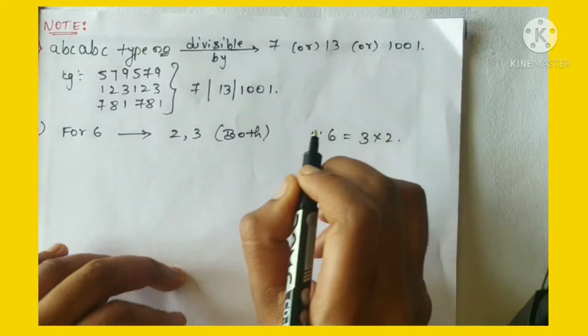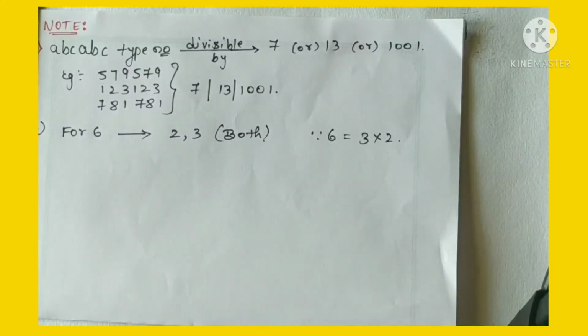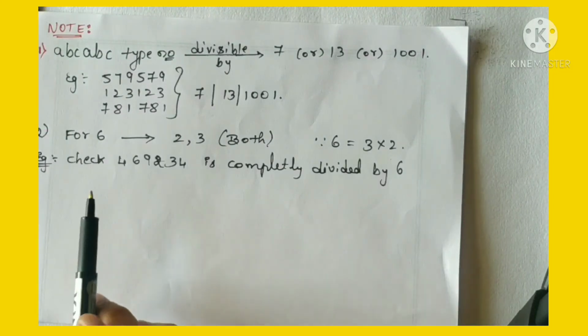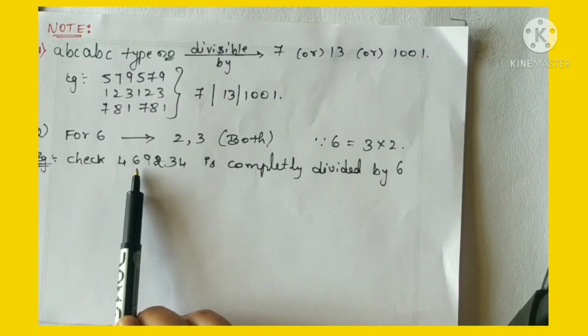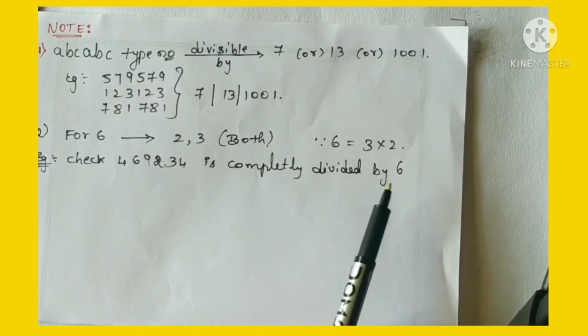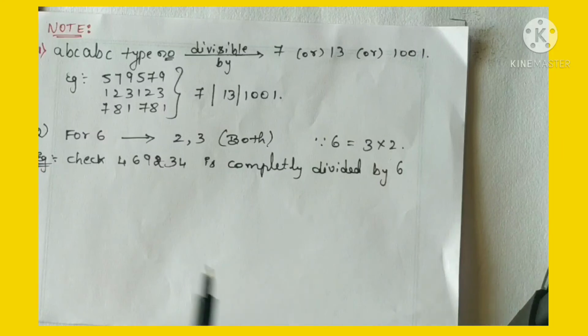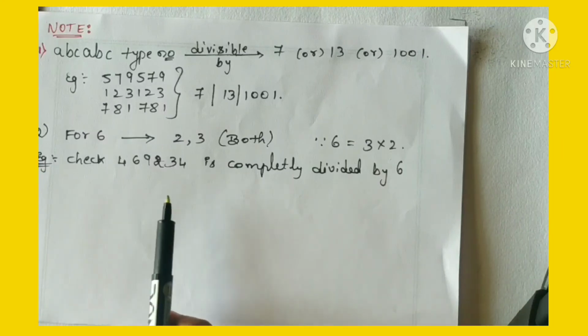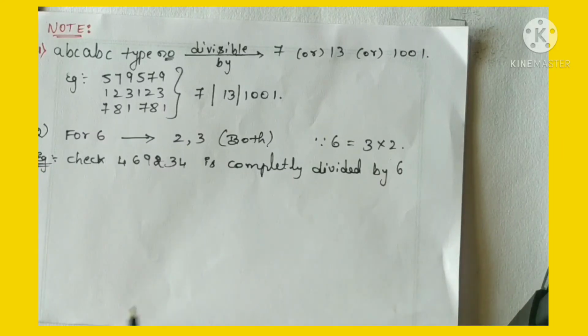I will explain this with an example. Example: check whether 4, 6, 9, 2, 3, 4 is completely divisible by 6.